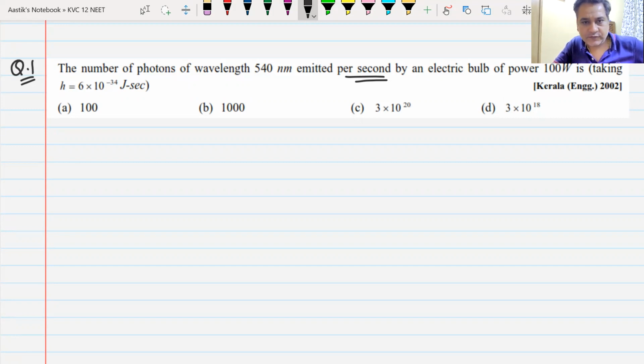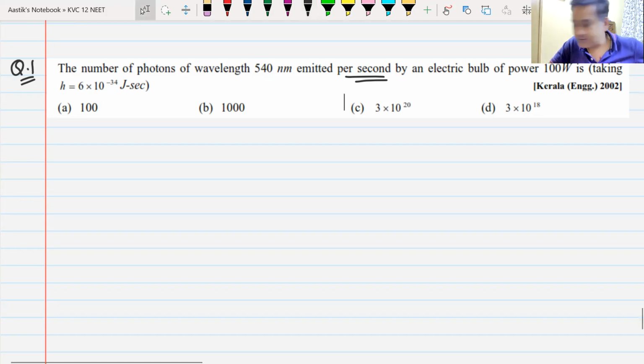Oops, lots of confusion. You have to find the number of photons that are emitted. You just have to apply the formula, get the answer, and stay happy. Well, I will do that for you.